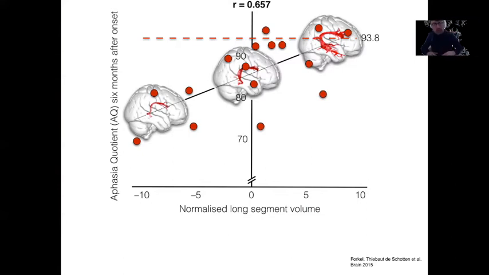And finally, on the right, you have this patient that has a very strong arcuate fasciculus. He was showing an aphasia after his stroke, but 6 months after his stroke, he's back to a normal language. And this is really important because it pushes forward the idea and the concept that we're not all equal in our organization of the brain, and this has an impact on the trajectory of our recovery.